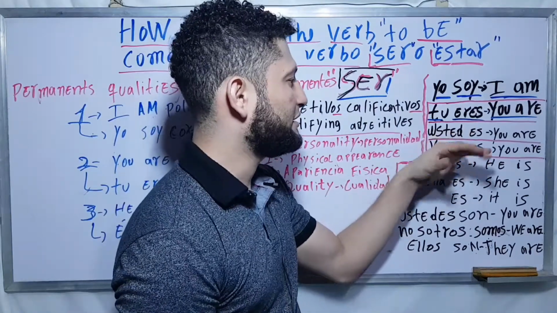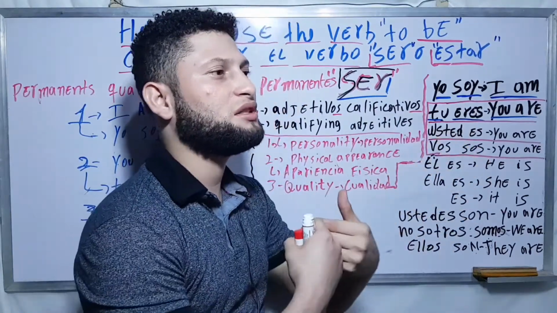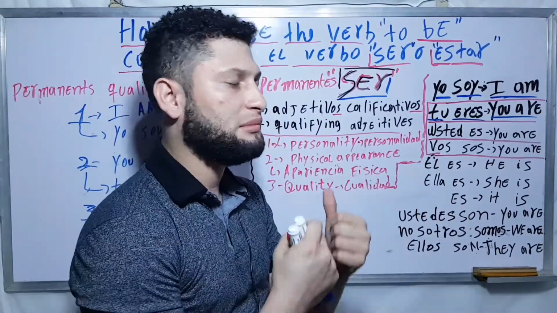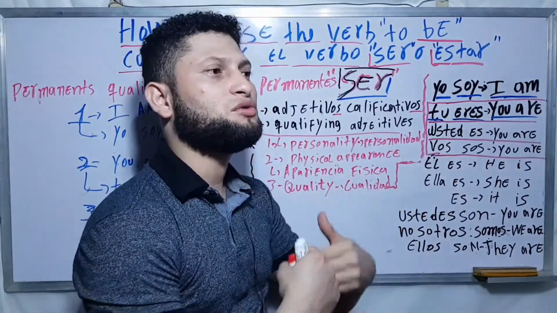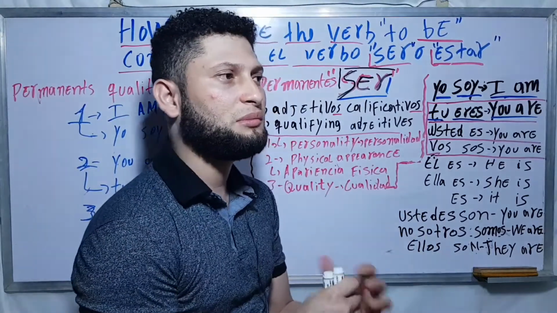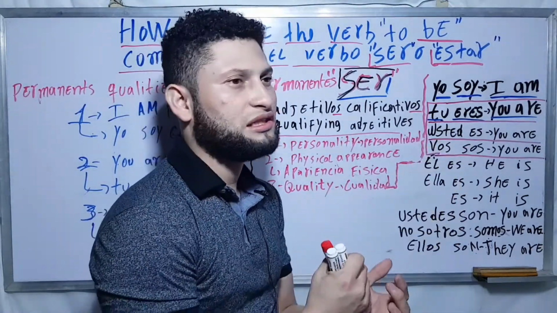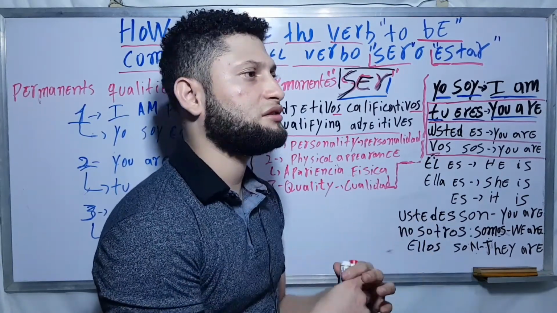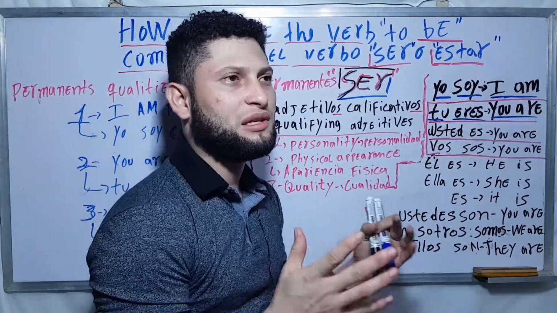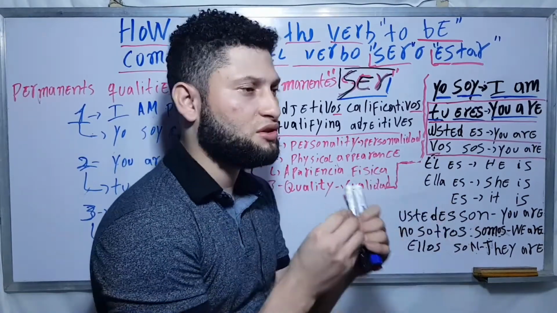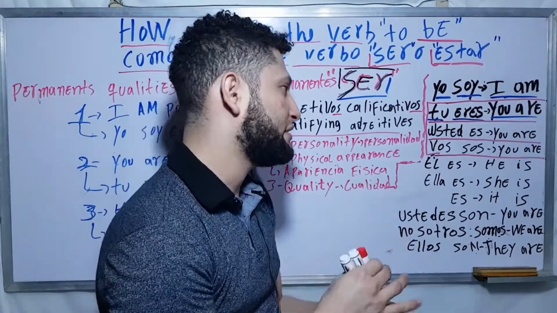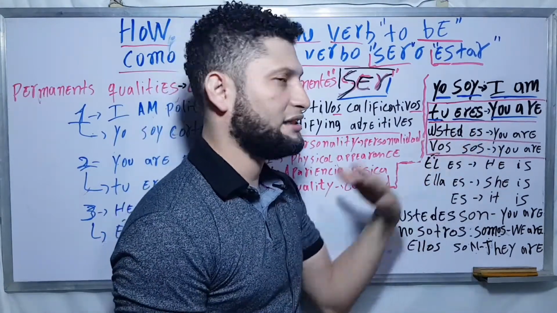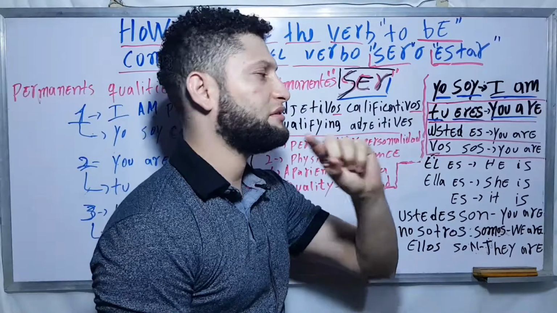So usted is for you to show respect to the other person or to the other people, to show that you are really polite. Normally you say it like this when you are speaking with your teacher or your mother, someone you can't address informally, because you need to show respect to that person. Remember, usted es is you are, only one person, singular.